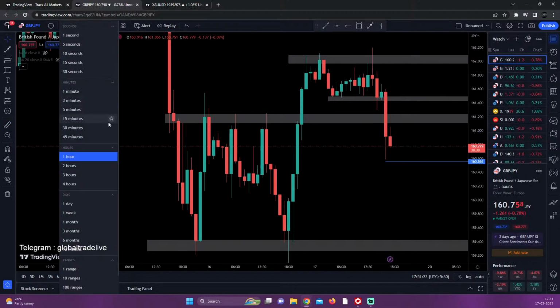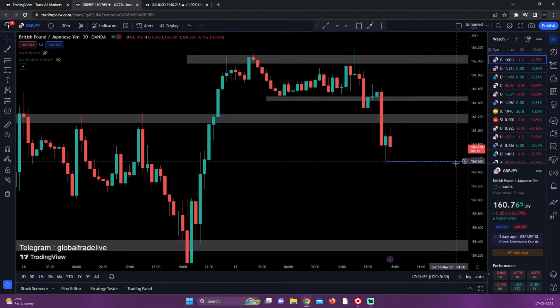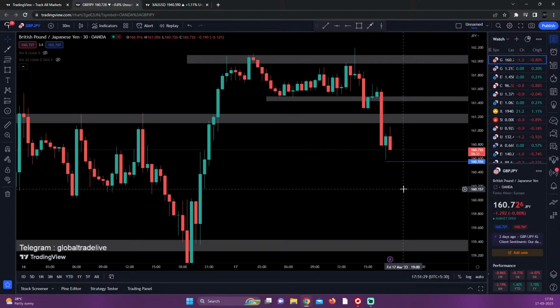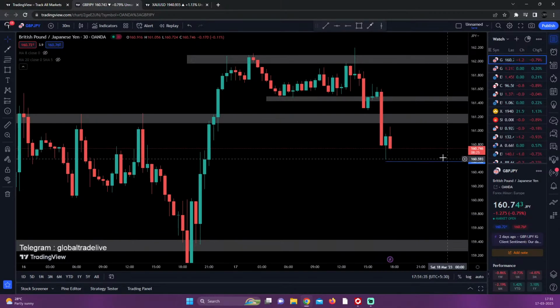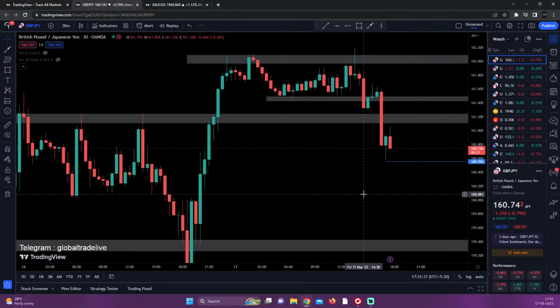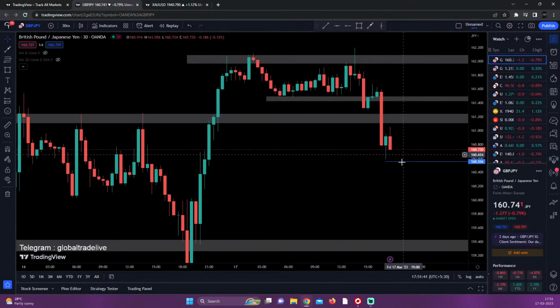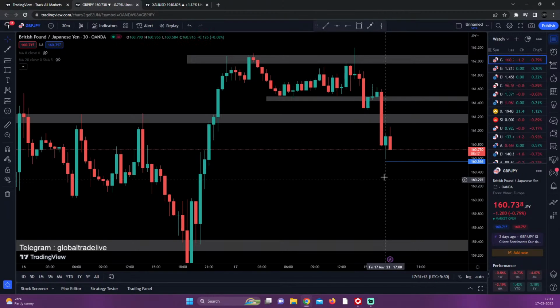So what I can do over here is, okay, the 30-minute candle is about to close in 8 minutes. So can we expect that the market can really move all the way down in the next 8 minutes? I doubt it. I don't have much faith in the next 30 minutes to push the market all the way down.